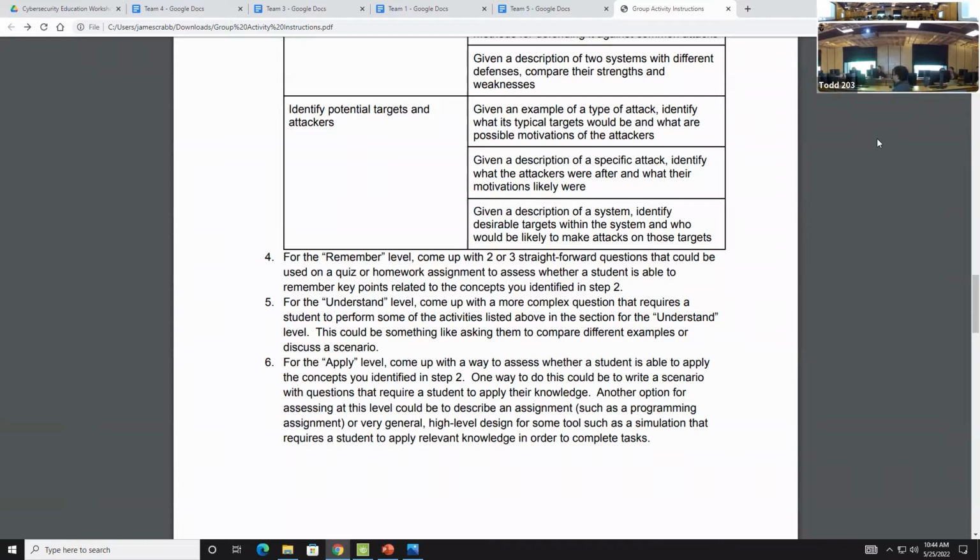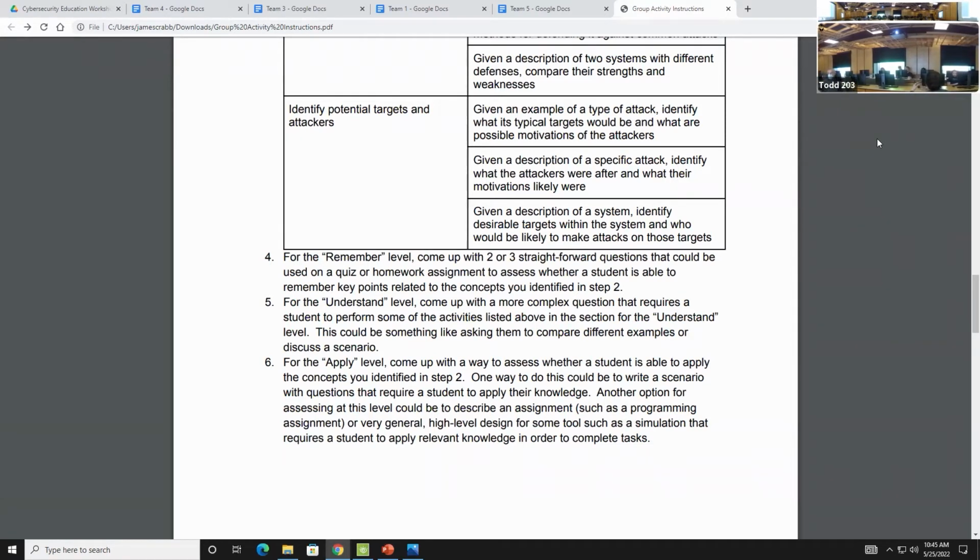So I'd also like to see you write the answers to the questions. I noticed on team one, for example, these are pretty open-ended. Having you provide the answer will also help you make sure you're designing your questions at the correct level. Because if we're working at the remember level, and you come up with a question and your answer is like a paragraph, you're probably actually operating way higher in Bloom's taxonomy.